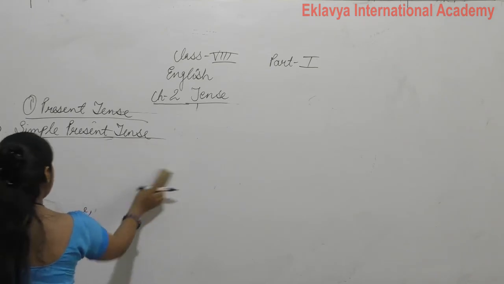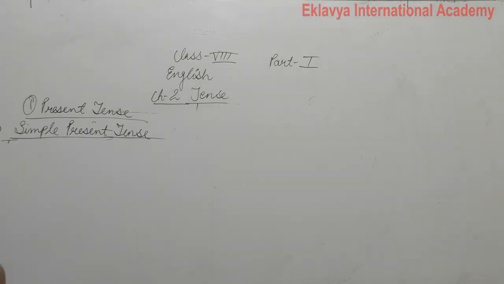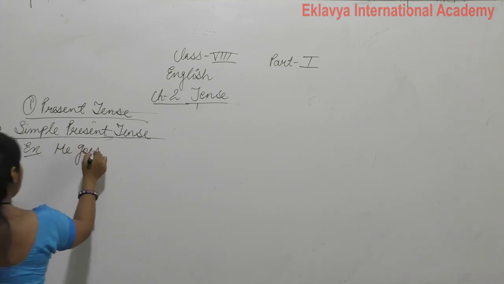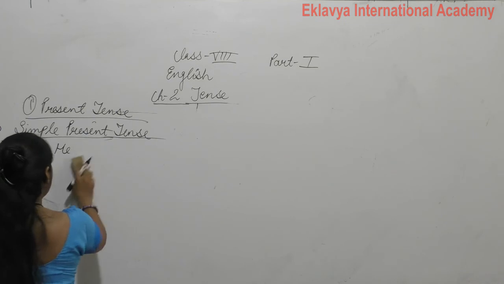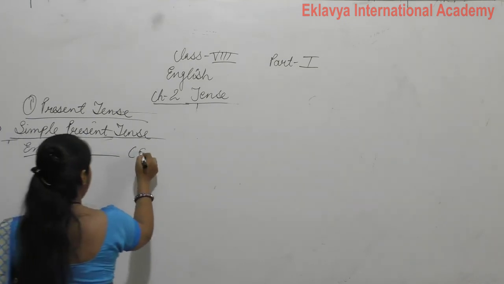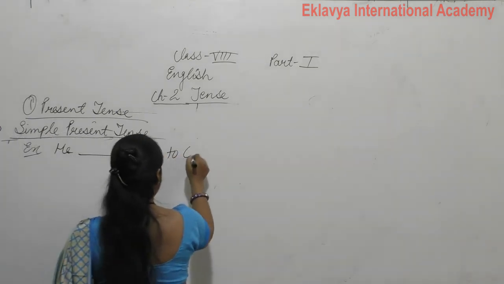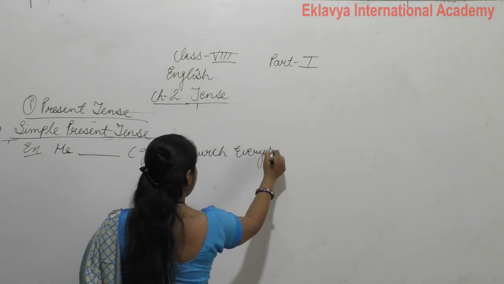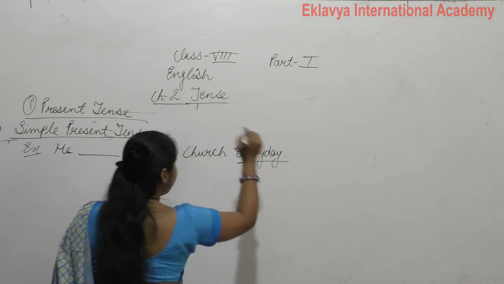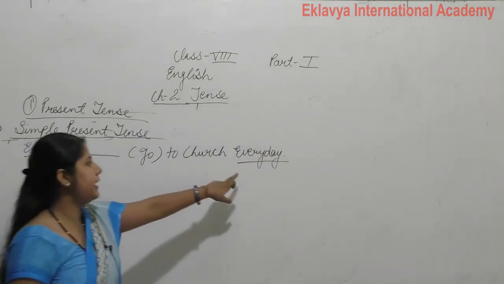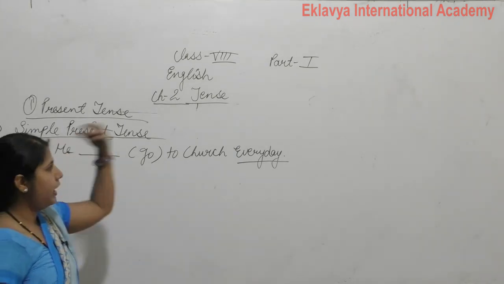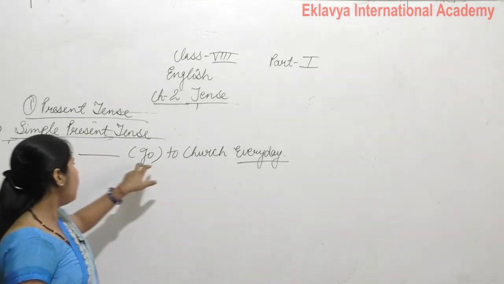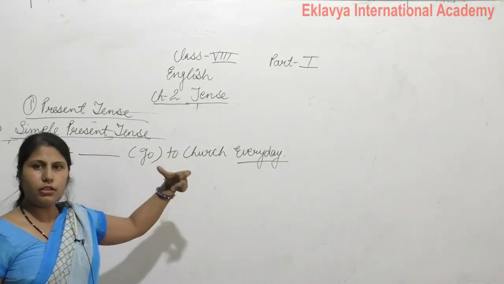Write down the example: He goes. He, then in brackets, go to church every day. Now listen carefully. Now we know that every day is coming in this sentence, so what we put here: we change go into s or es.